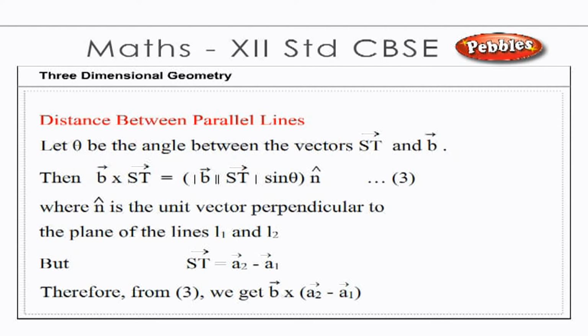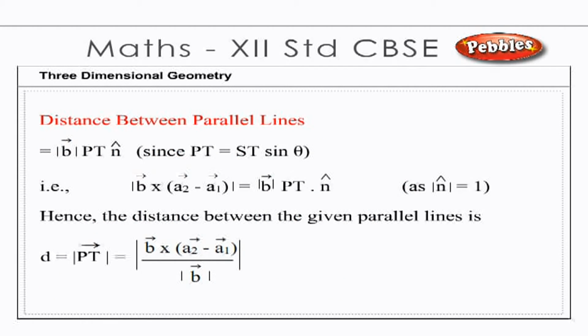Therefore, from 3, we get b vector cross (a2 vector minus a1 vector) is equal to modulus of b vector into PT into n cap, since PT is equal to ST sin theta.